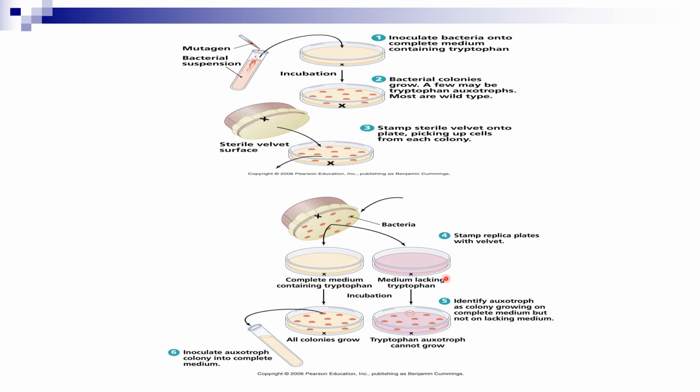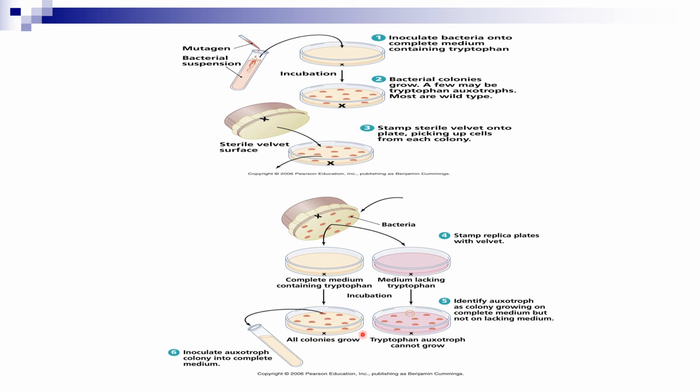So if tryptophan is not present, then the organisms that can't make tryptophan anymore, those organisms that are mutated, are not going to be able to grow on this medium. So after 24 hours of incubation, we compare our media, and remember we've got these X's to give you a location for each of these colonies, and we can see the colony that's missing.